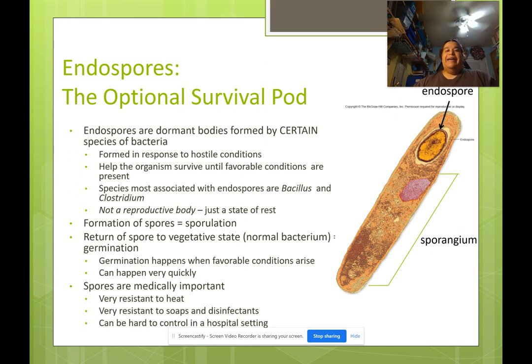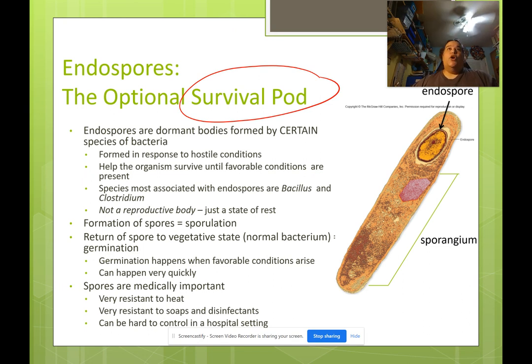So let's talk endospores. It's a survival pod. Okay. Endospores are dormant bodies formed by certain species of bacteria. Not all bacteria can make endospores, but those that can actually do have quite a bit of an evolutionary advantage.